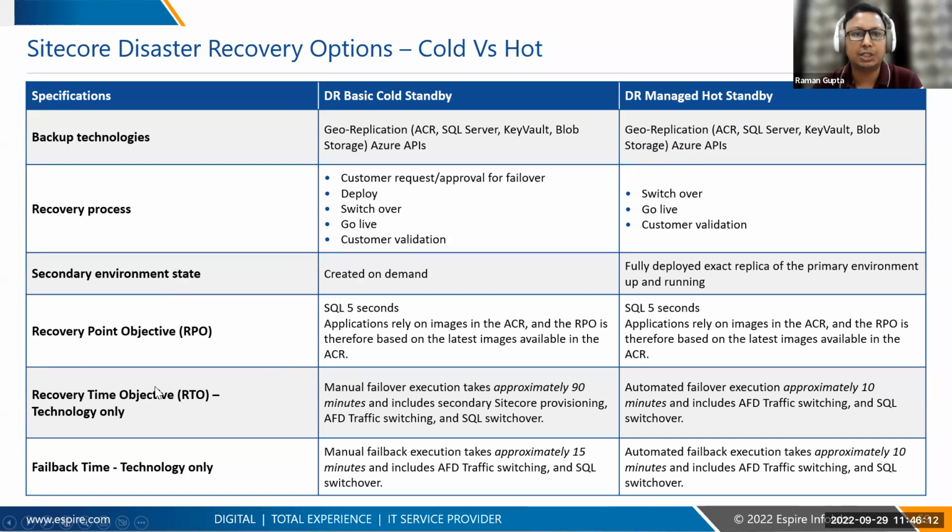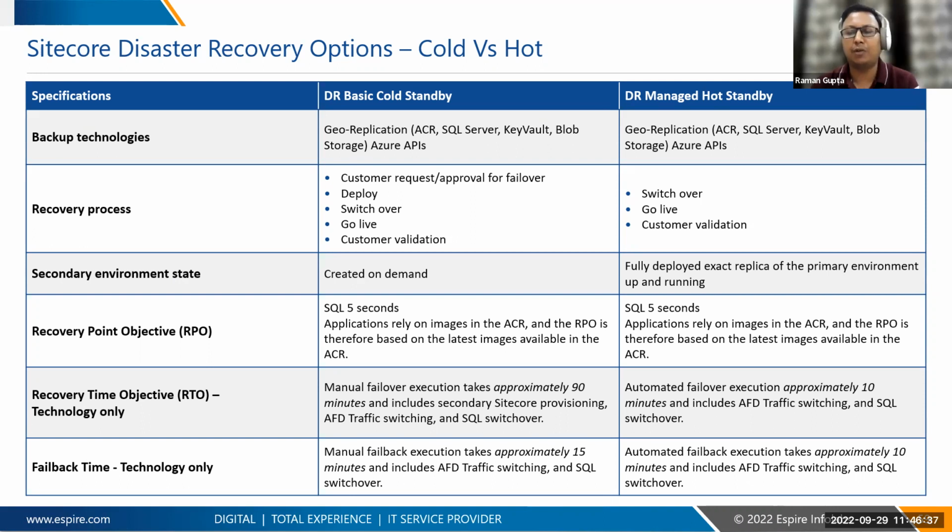So the Sitecore DR service offers two types of services. One is DR basic, which acts upon confirmation. Another is DR managed, which acts automatically. These two services further divide into two parts. One is cold standby, which is minimum infrastructure recovery, and the other is hot standby, which is a full replica.